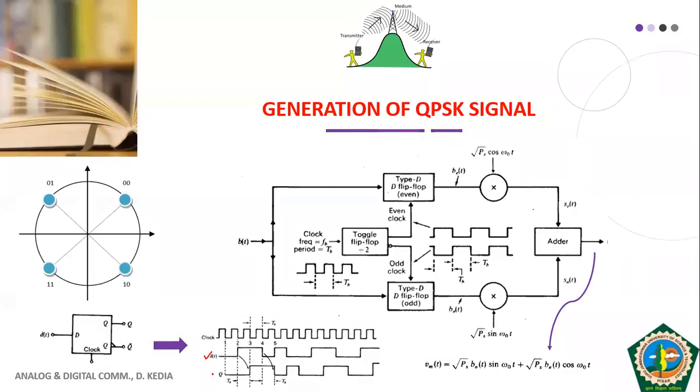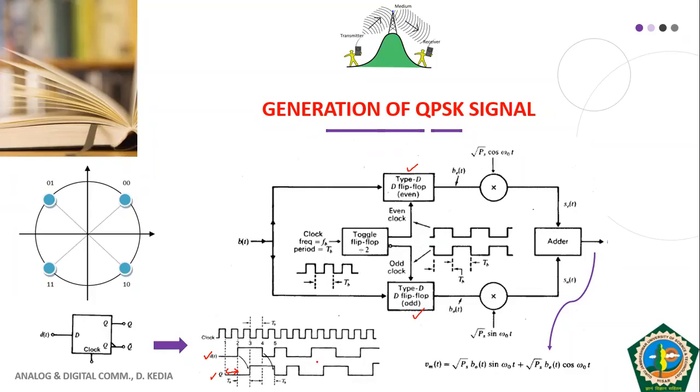Your input bit stream is delayed by an amount TB because of the presence of the D flip-flop. I wanted to explain this because in the QPSK generator above, we are using two D flip-flops, one for the even bit stream and another for the odd bit stream. So the D flip-flop will introduce a delay like this.